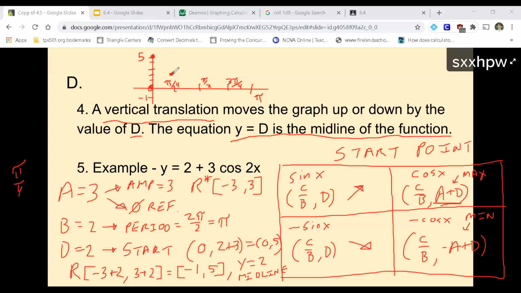It's been translated up to 2. And then we'll do minimum at -1. Back to the midline at 2, and then back to the maximum. So we get a graph that looks like this. Where this blue line, y equals 2, is your midline, or like the center of your graph.